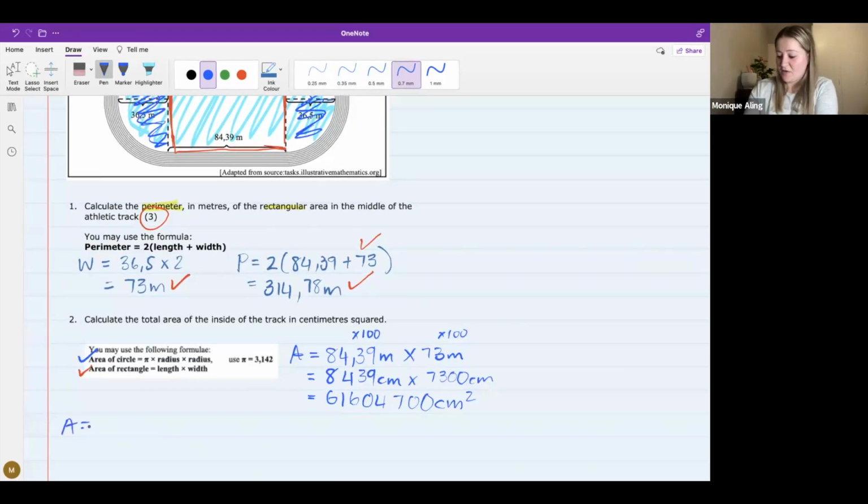Then area of our circle is pi times radius squared. Our radius is 36.5 meters squared. So I'm just going to quickly convert that to centimeters. So we times by 100.